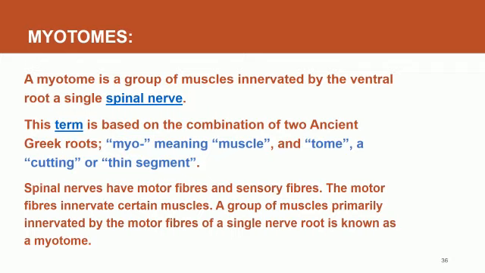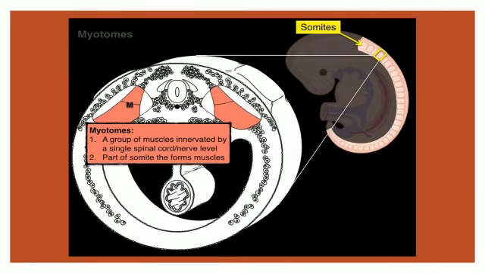So now let's take a look at the lateral view of the developing embryo. This is a cross-sectional area of one of the somites of the developing embryo. As we discussed earlier, there are three parts of a somite: dermatome, myotome, and sclerotome.